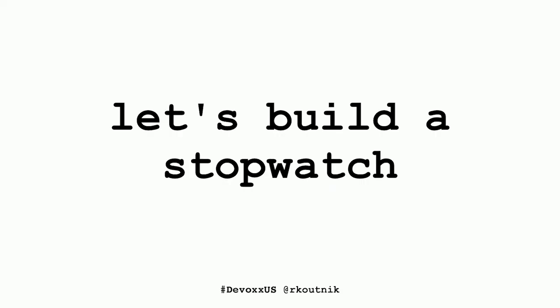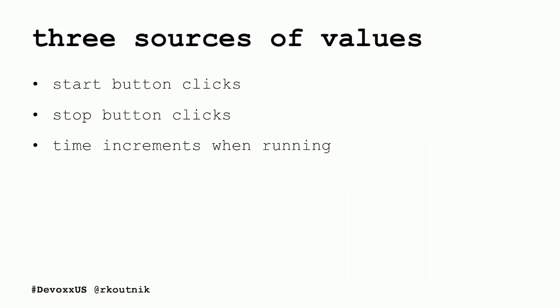I think you should pay attention to observables because we can build a stopwatch. Bear with me for a moment. Let's think about a stopwatch, because a stopwatch contains 3 sources of information delivered over time. We have 2 buttons, start and stop. Those clicks on those buttons will arrive over time. And we have a secret behind-the-scenes thing where the time will increment as the stopwatch is running.